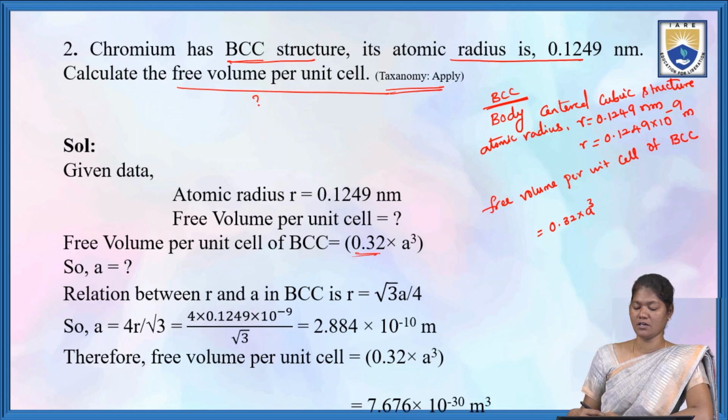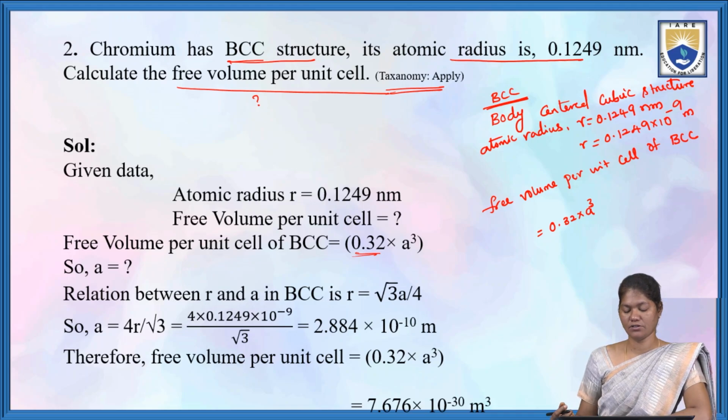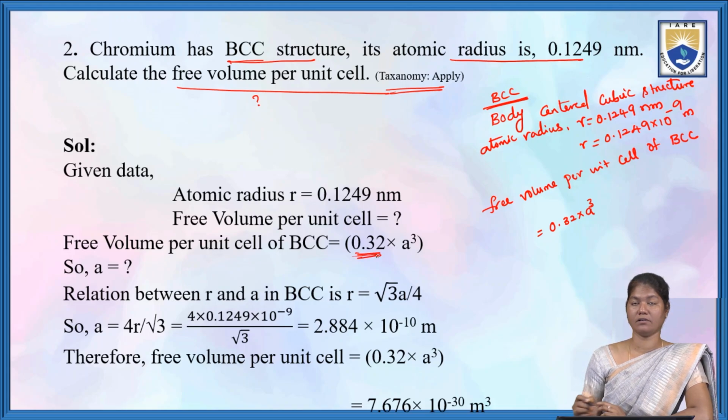As it has 68% packing factor, atoms fill 68% of the cube. So the remaining 32% is free space. So the free volume per unit cell of BCC structure is 0.32 into the volume of the cube.